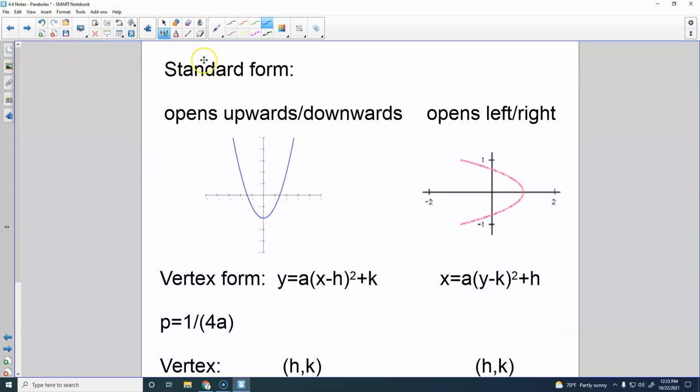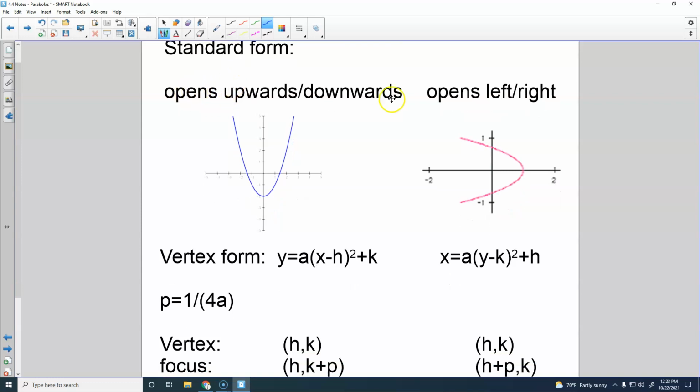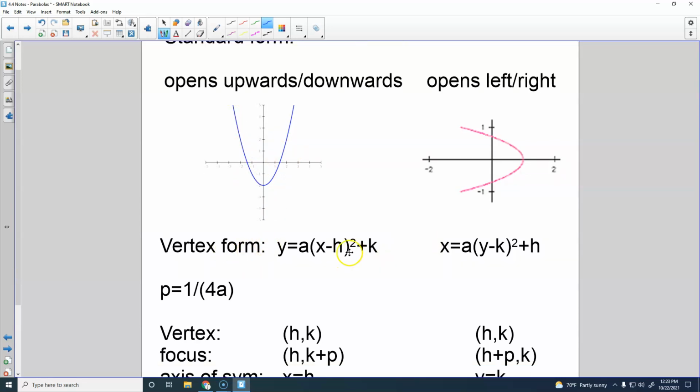So, some general things about parabolas that we need to know. The typical parabola that we usually look at either opens up or down. So it's either a smiley face like this, or it might be a sad face parabola. And it's vertex form I showed you earlier.